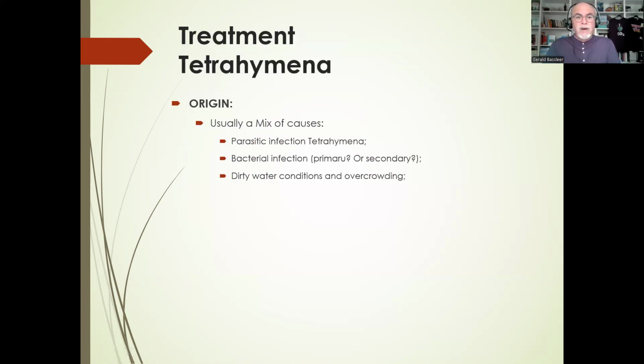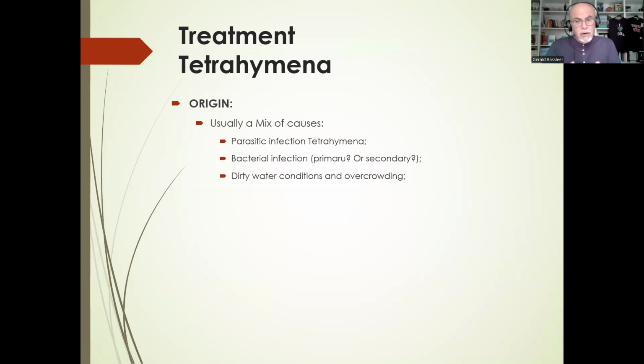The treatment of Tetrahymena, well, the origin, check on the origin first of all. It can be a mix of causes. Usually it's the parasites, Tetrahymena, that we are aware of. But you have to think about a bacterial infection.